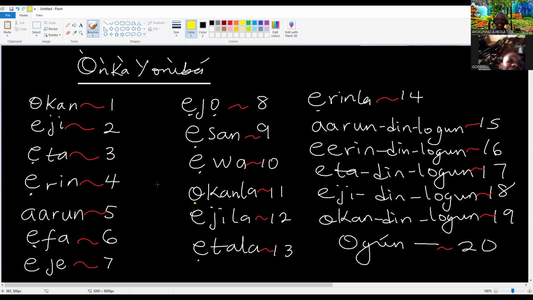Okanla, ejila, etala, erila. Edogun. That one says Edogun, but it's actually Arundilogun, okay? So Arundilogun, Erindilogun, Etadilogun, Ejidilogun, Okandilogun, Ogun. You understand?